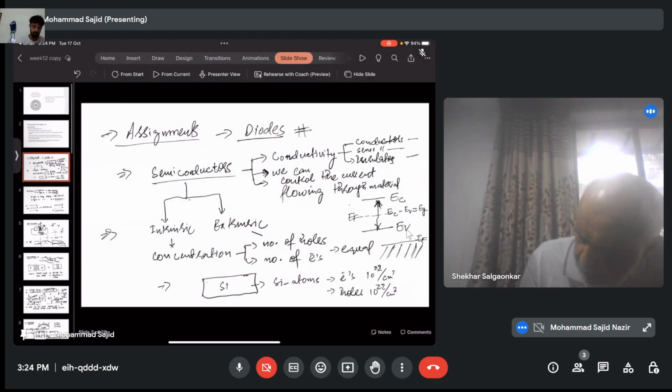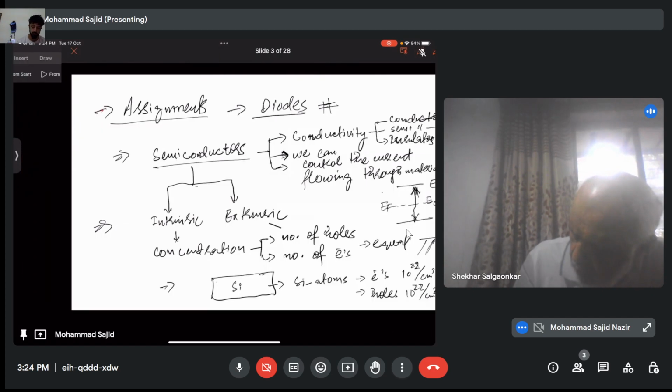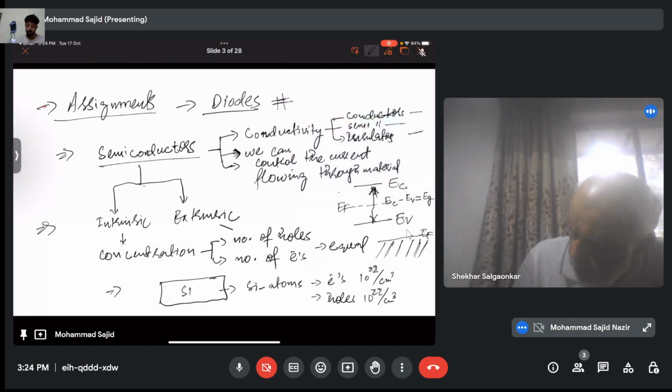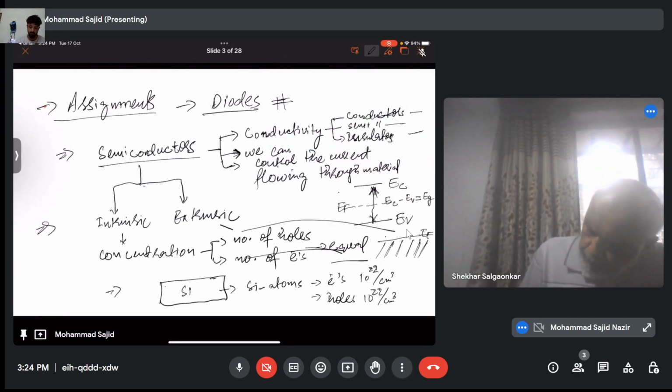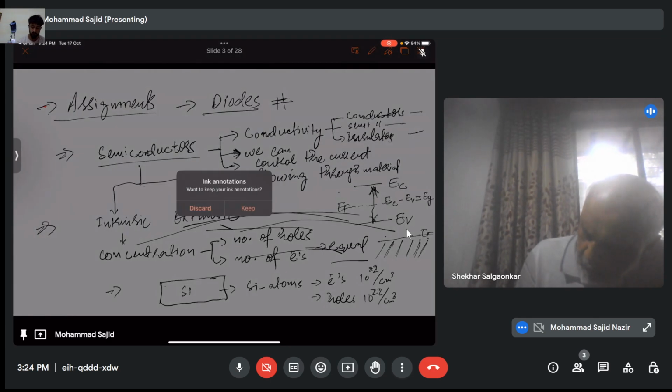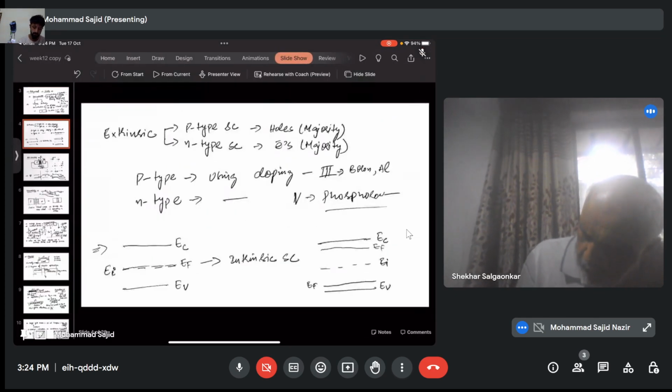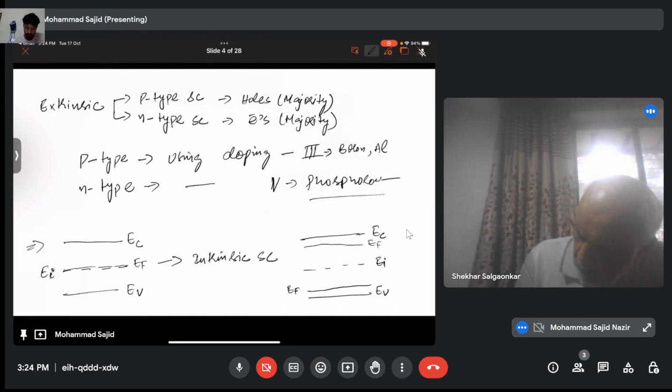So this was basically about doping. Now extrinsic semiconductors are p-type and n-type; in p-type, holes are in majority, and in n-type, electrons are in majority. Now this is the band diagram. Do you know band diagrams?